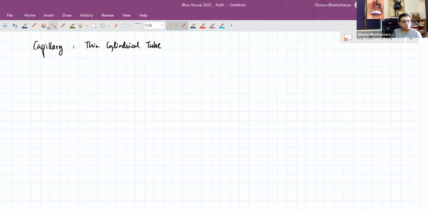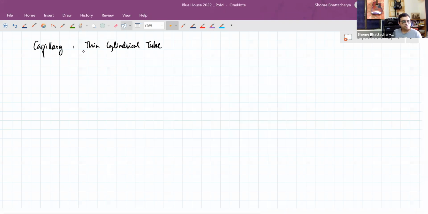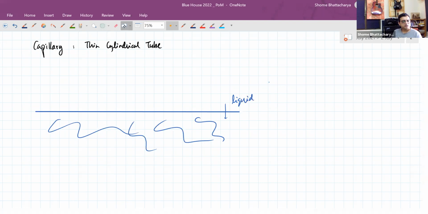For example, this is the open surface of, let's say, water or some liquid. And in this we insert a narrow glass capillary, or even a plastic capillary, anything transparent so we are able to see.